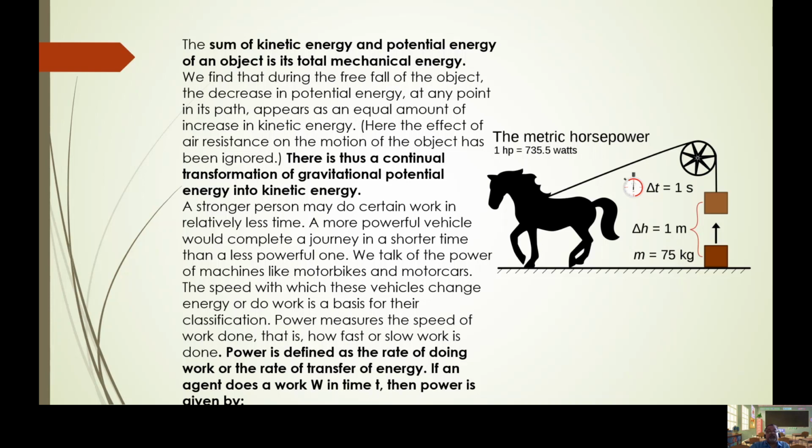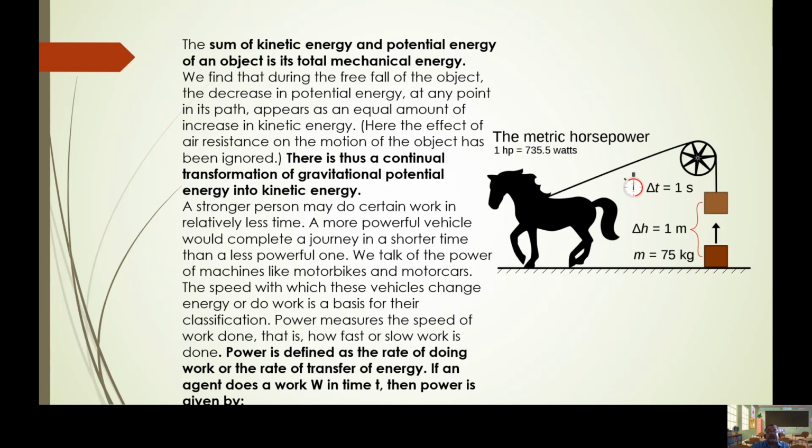A stronger person may do a certain work in relatively less time. A more powerful vehicle would complete a journey faster, in a shorter time, than a less powerful one. We talk of the power of machines like motorbikes and motor cars.